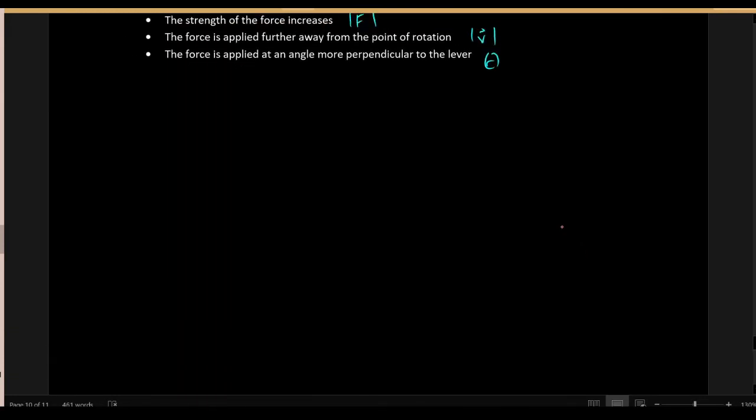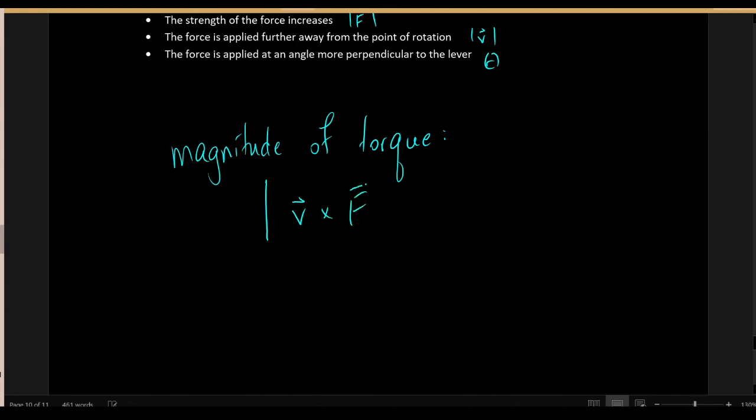The magnitude of torque can be calculated simply by taking the magnitude of the cross product between the force vector F and the vector V, which represents the object that's being rotated.